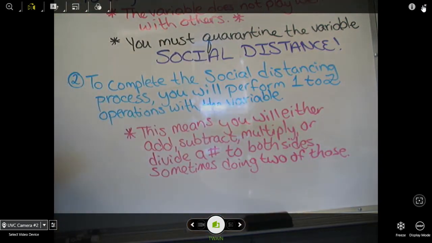If it's a 1-step, we do it once. If it's a 2-step, we do twice. To complete the social distancing process, you will perform 1 to 2 operations. I'll give you time to finish copying that. Then I will continue.